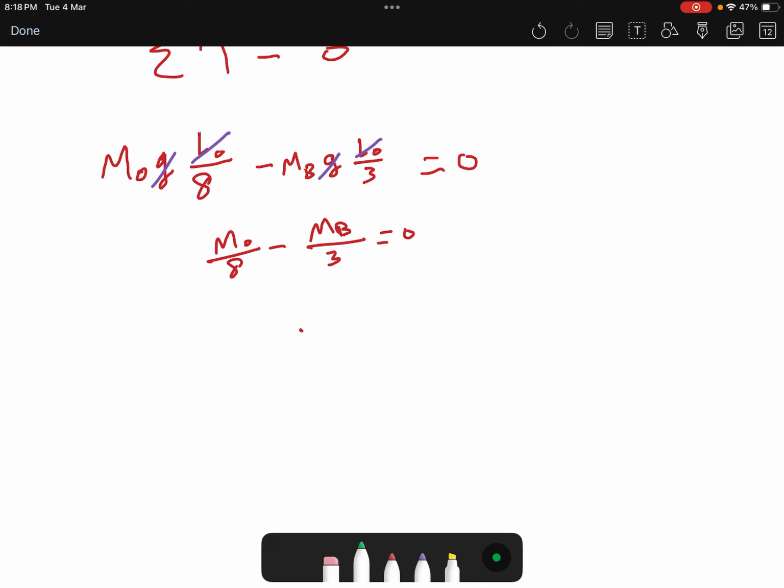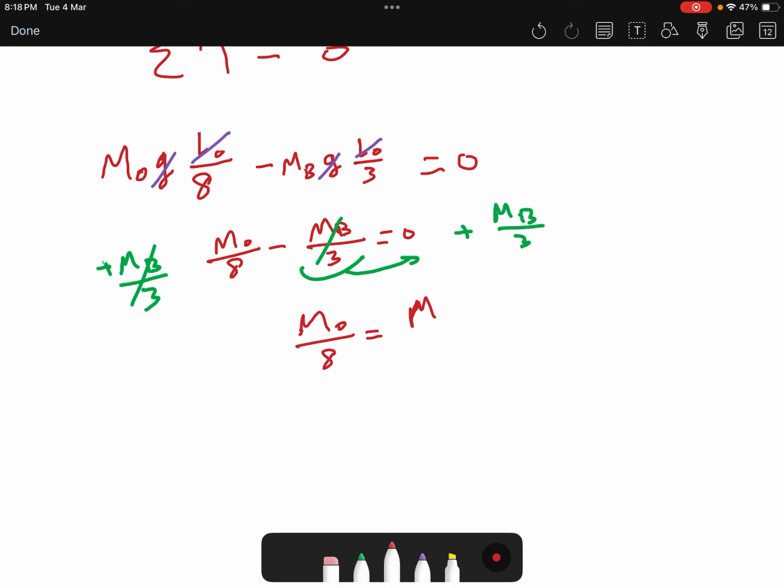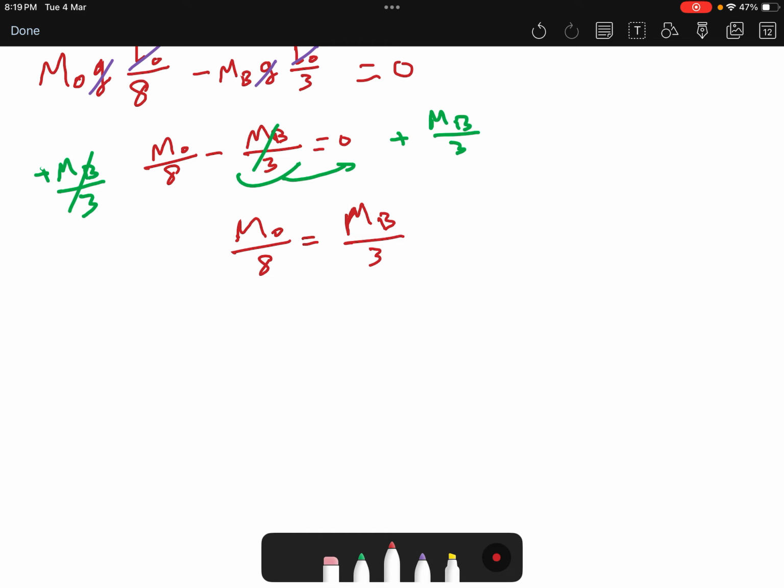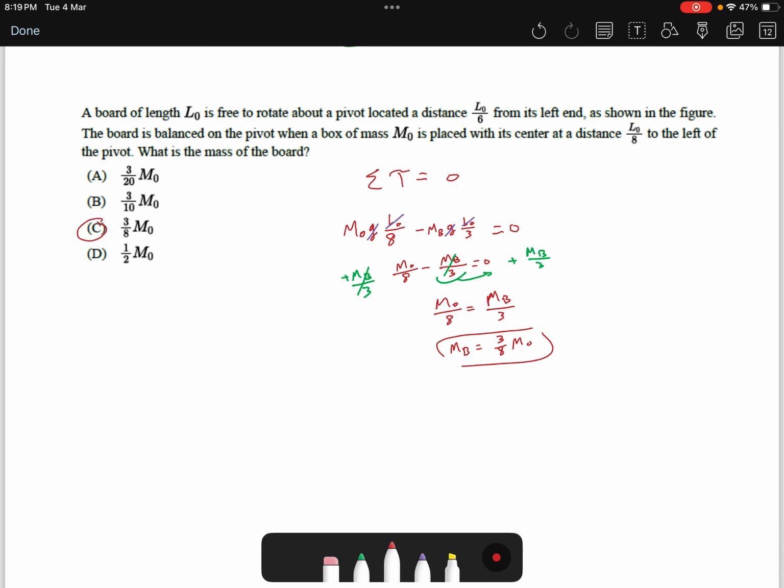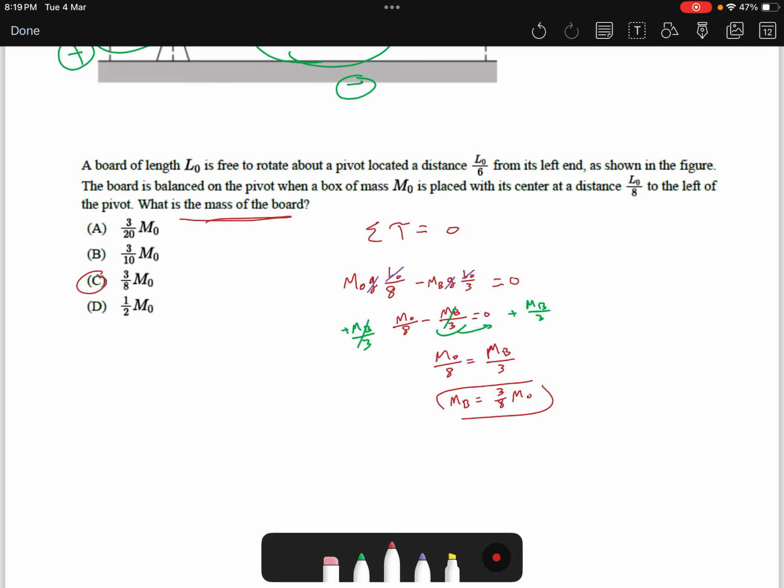Add MB over 3 to both sides. So M0 over 8 equals MB over 3. MB equals 3 over 8 M0. This is the final answer because they asked for the mass of the board.